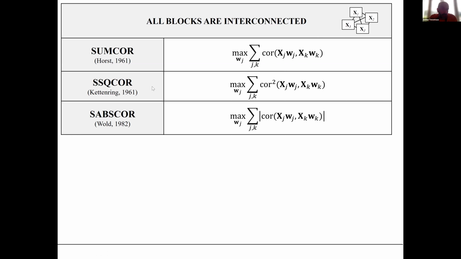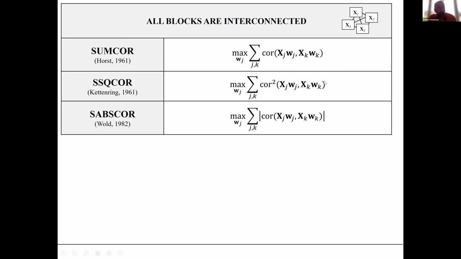That's why Kettenring in 1961 and Vold in 1982 proposed, instead of maximizing the correlation, maximizing the square of the correlation or the absolute value of the correlation. This is more or less the same kind of criterion, based on correlation, and the goal is the same: you want to find the Wj that maximize a function of the correlation.